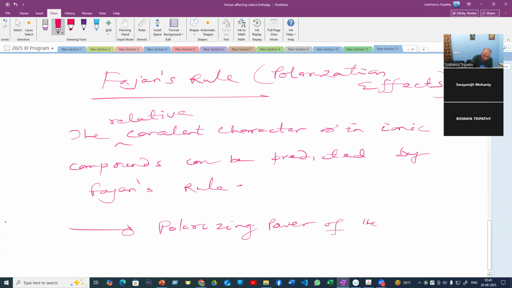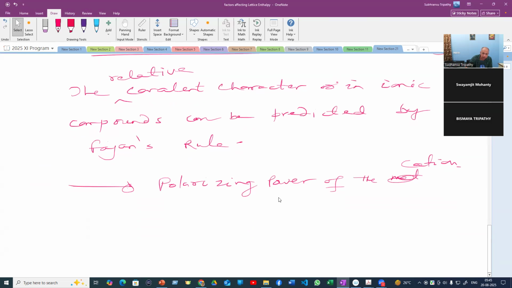of the cation, of the metal ion, or any cation, positive ion, which I'll write PP, polarizing power. That term is only used for cation. That PP is directly proportional to, I'm talking of a single ion, Q, charge, and inversely proportional to the size.